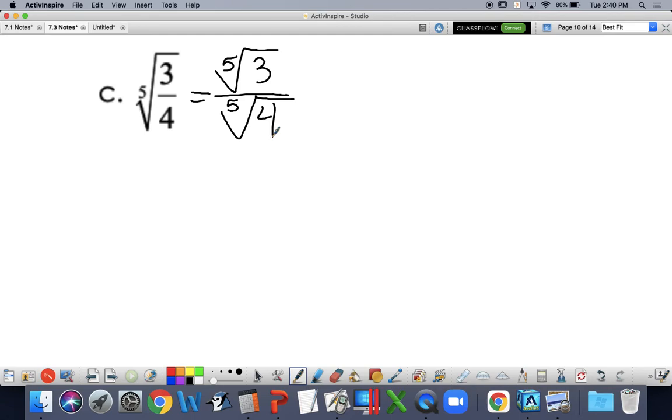So I'm trying to get to a perfect fifth number. Let's write down some fifths. 1 to the 5th is 1. 2 to the 5th, 32. Can I multiply 4 by something to get to 32? What? 8.